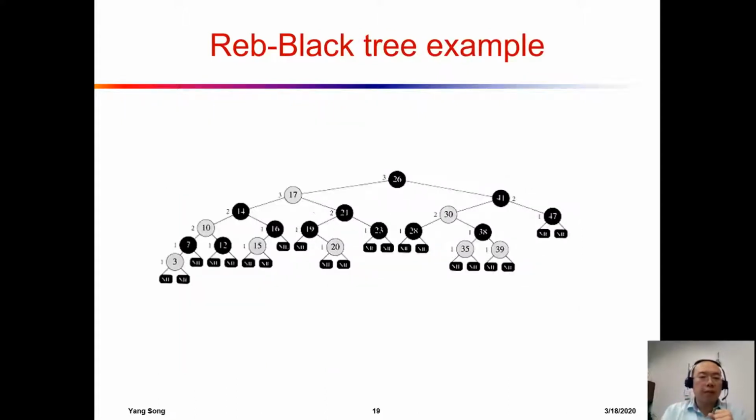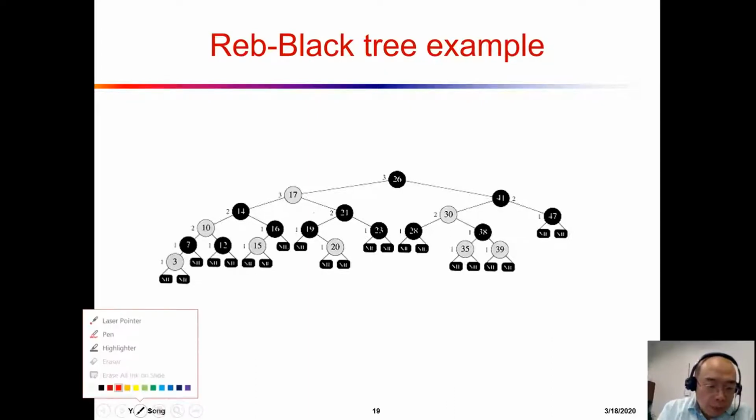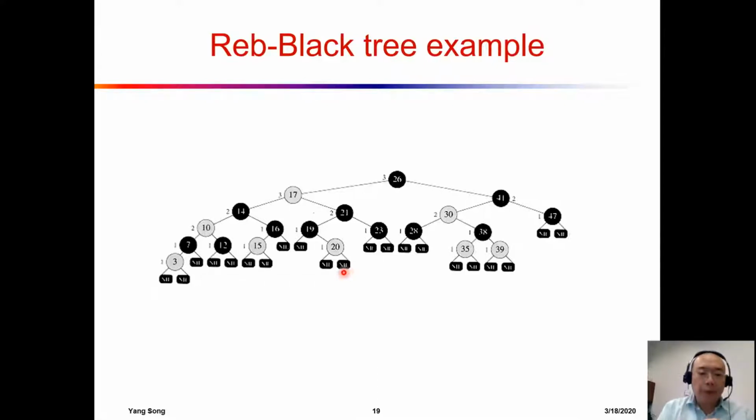But let me show you an example of the red-black tree. Of course it is not really red and black, it is red and gray, because this is the image I got from our textbook. If you see the very lowest level, let me bring up the laser pointer. For example, if you see this one, that is actually a nil. It is the red child of the node 20, right?